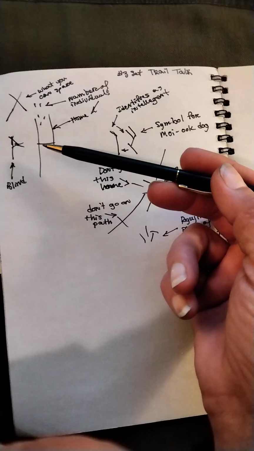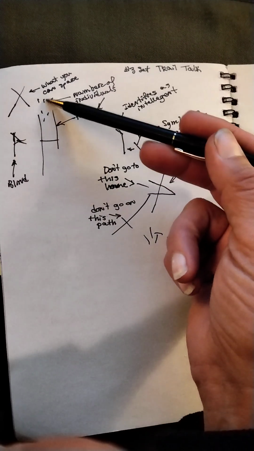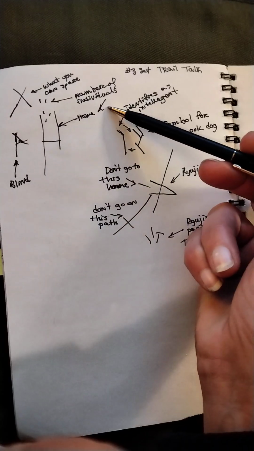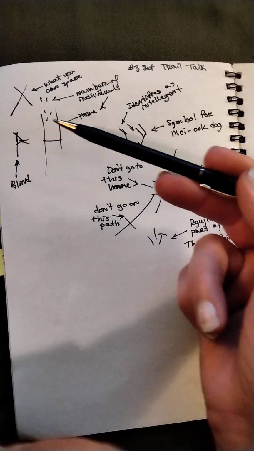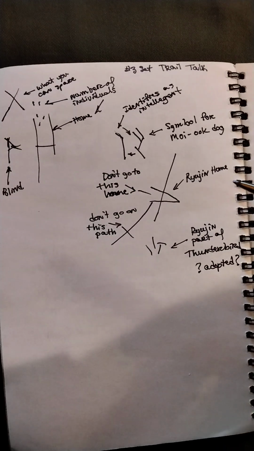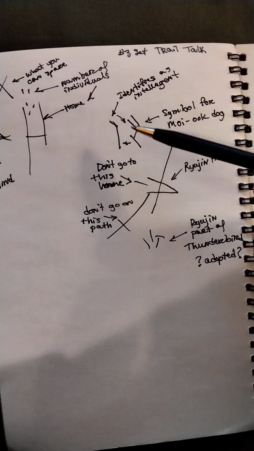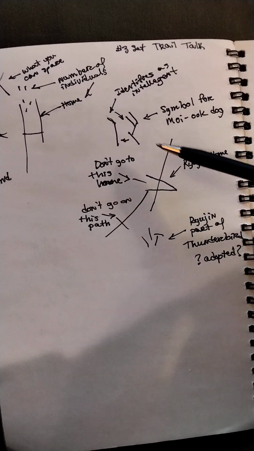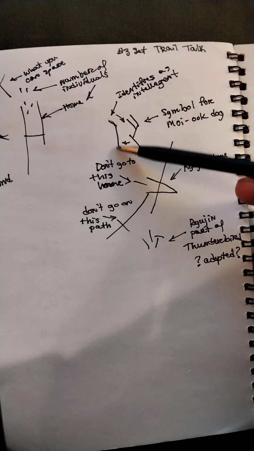So initially there's this set here, anything you could spare. These are the number of people, 5 coming from home. And this is a blind area, and the markers pair a fork stick at the top. Then you've got the symbol upside down for Moi-ook, dog, in the trail, and that the dog is intelligent.